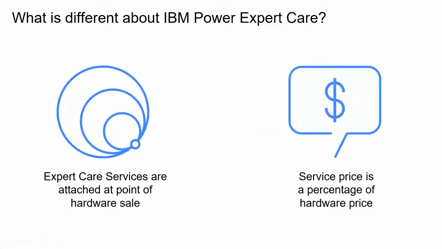Real quick, I think probably everyone knows Expert Care. It's a new way we're packaging our services, designed to be attached in eConfig and ePricer at the time of hardware sale. The Expert Care offerings are priced as a percentage of the hardware price.